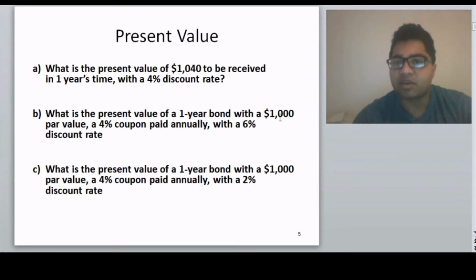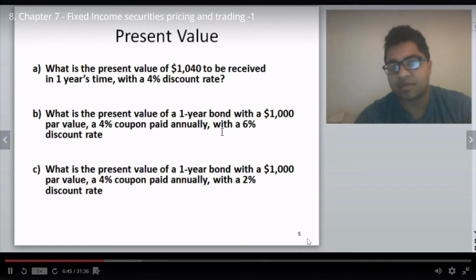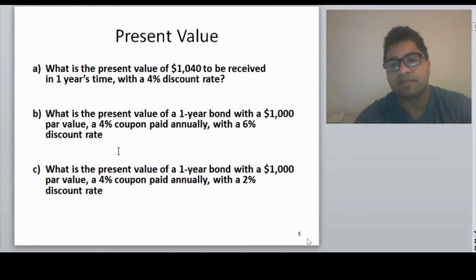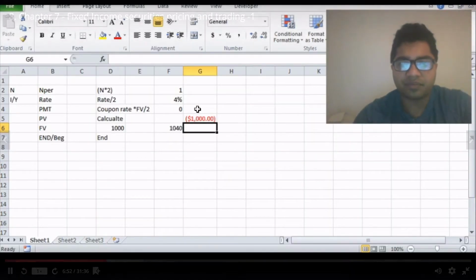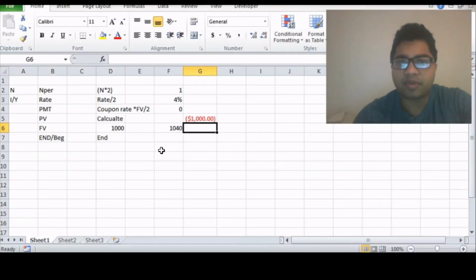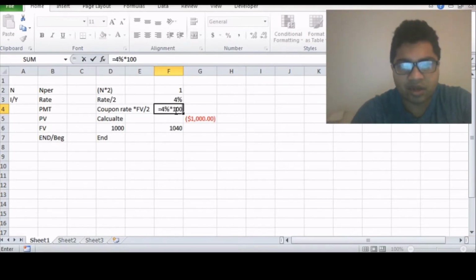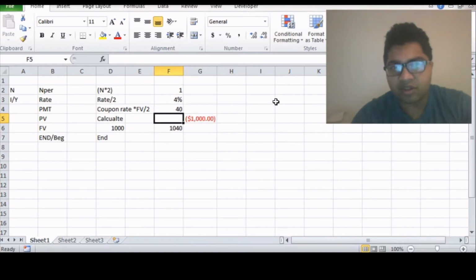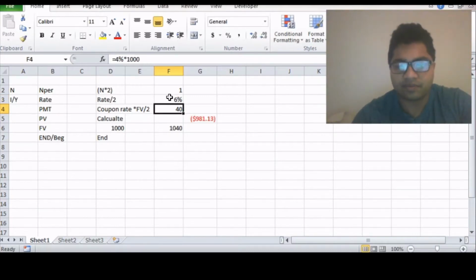Next, the present value of a 1 year bond with 1000 par value, 4% paid annually, with a 6% discount rate. So the things that are changing: 1 year, face value is 1000, coupon payment is 4% annually, so it is 4% multiplied by 1000, but it is annual, so I am not dividing it by 2, and the interest rate is now 6%.